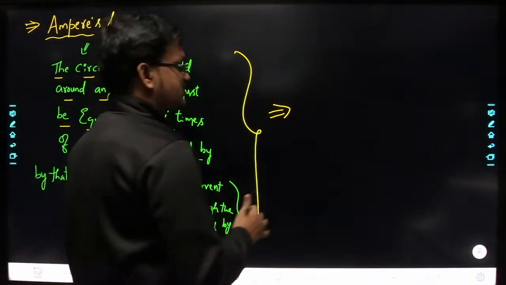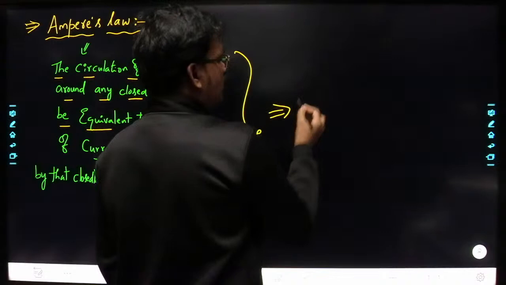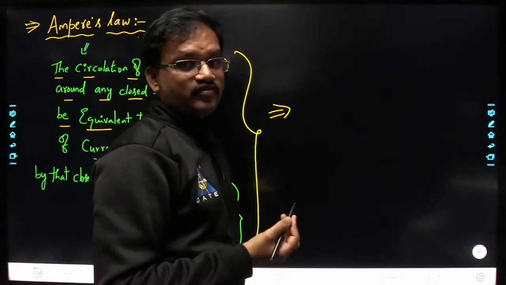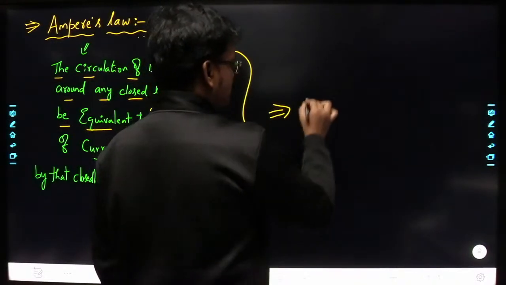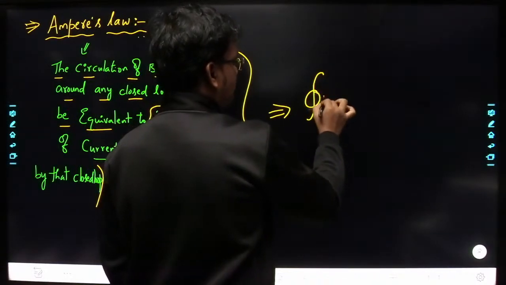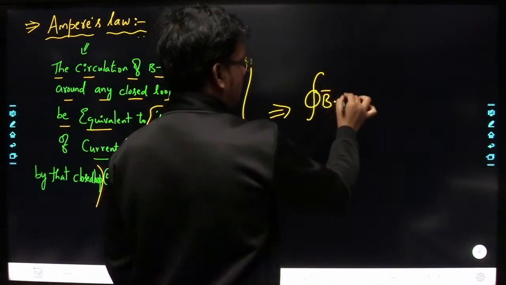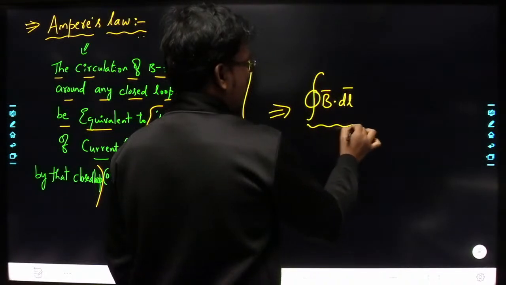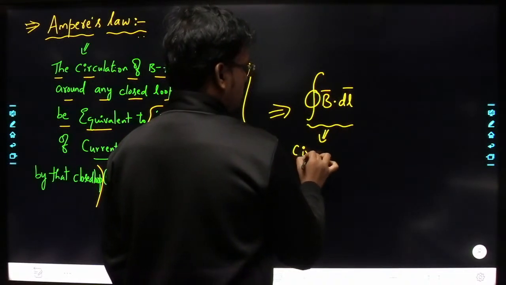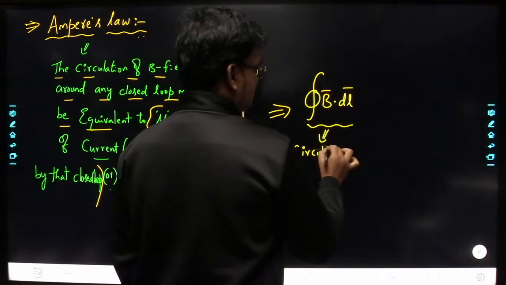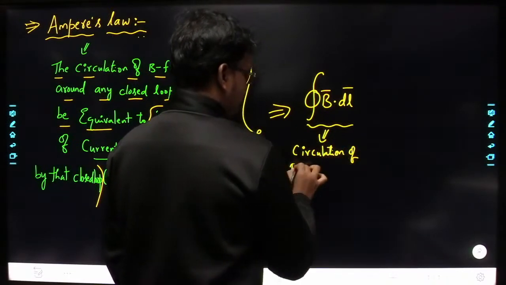We know how to represent the circulation of B field around any closed loop: closed loop integral B bar dot dl bar.